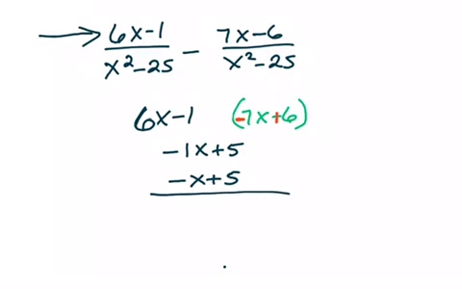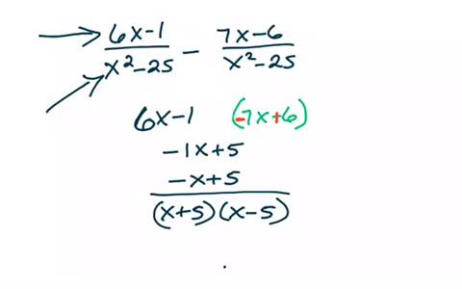Now I'm going to put down my denominators, and we did this on the last problem. This is going to be x plus 5 times x minus 5. To solve this, all I do is take this negative sign and put it out here to the side, and I can erase this little negative sign. And now, look, I have two of these like this.